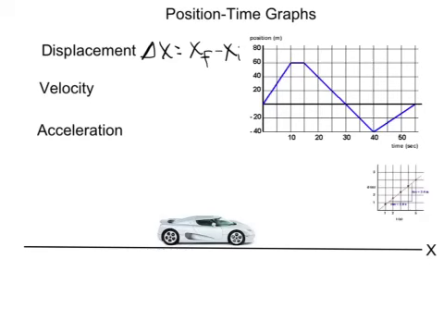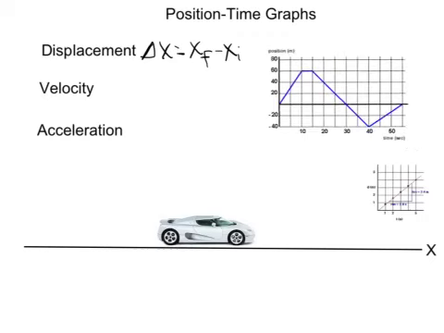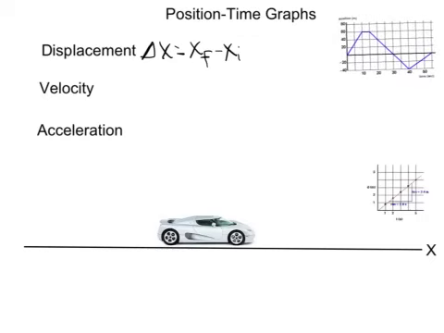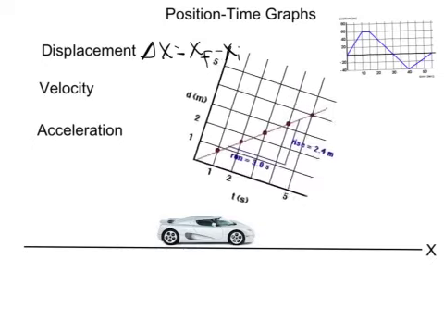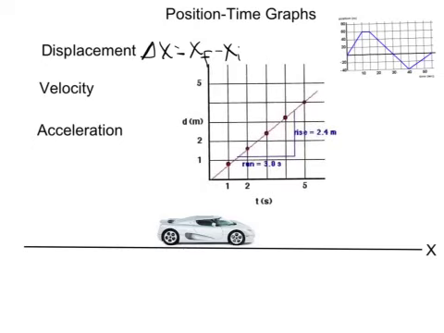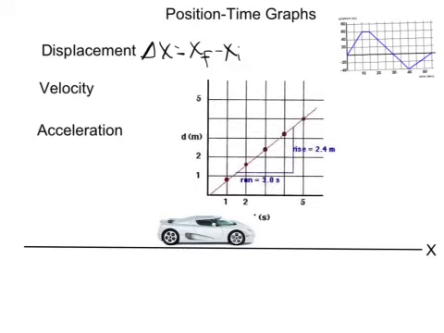All right, great. How do we get velocity then from a position time graph? Well, to answer that, let's take a look at what the units are on the axes. It's a position time graph. So on the y, we have meters. And on the x-axis, we have seconds.